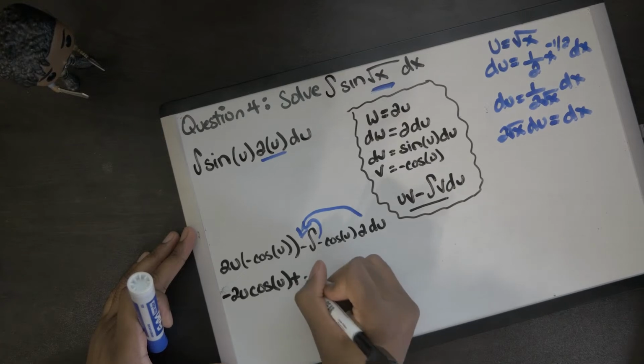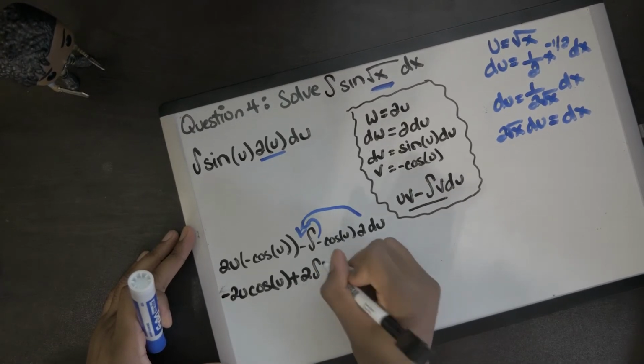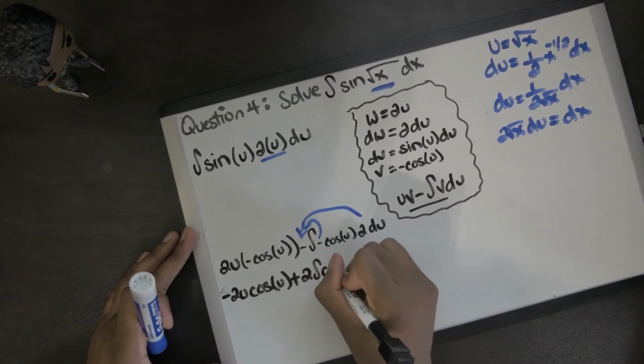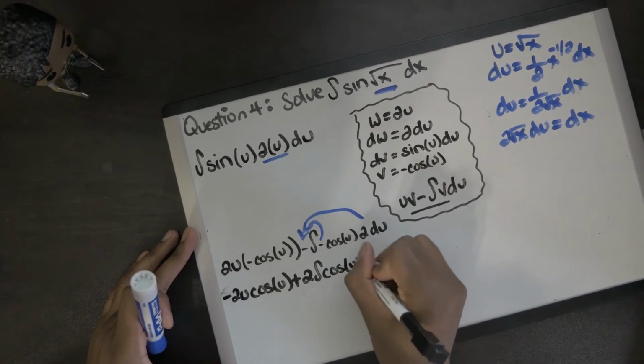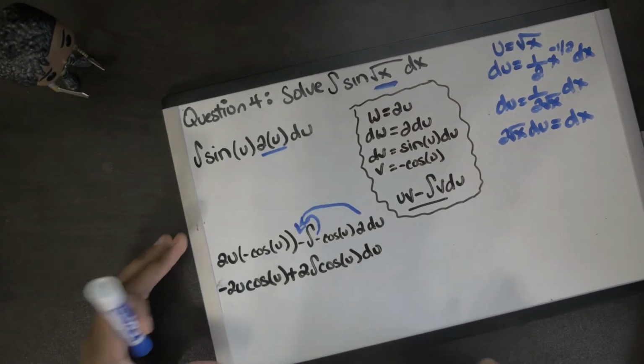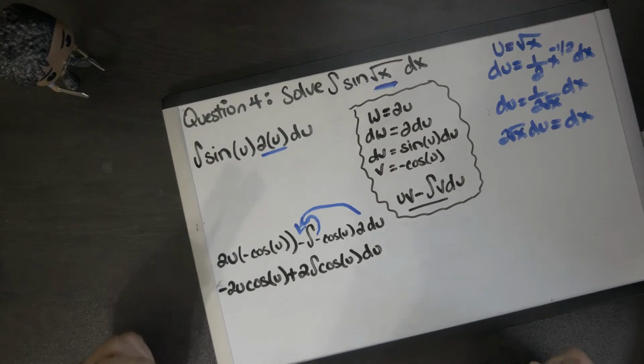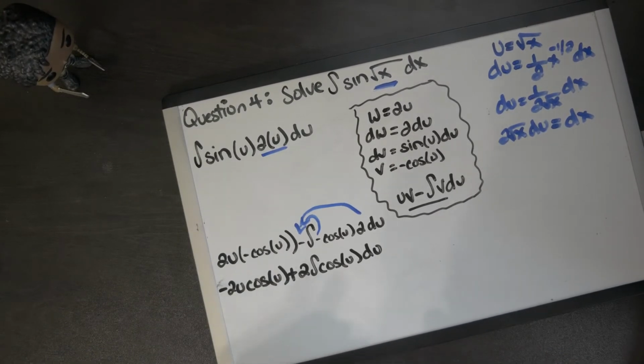So we're going to have positive 2, then the integral of cosine u du. Right. So now you can kind of see why we were doing the things we were doing, is to condense it down so we can work with things that we're normally more familiar with working with.